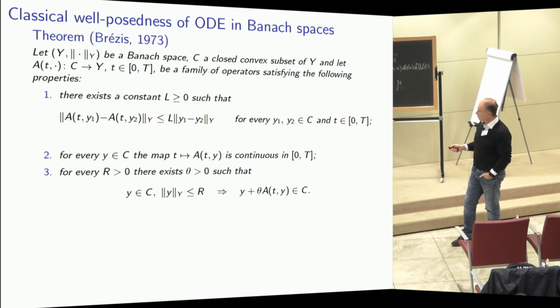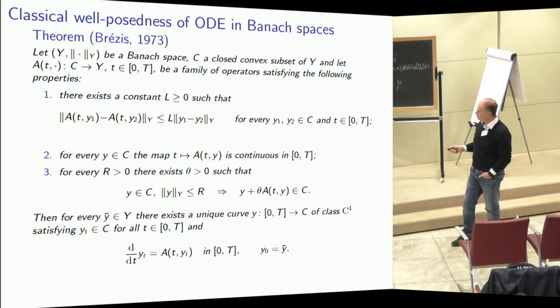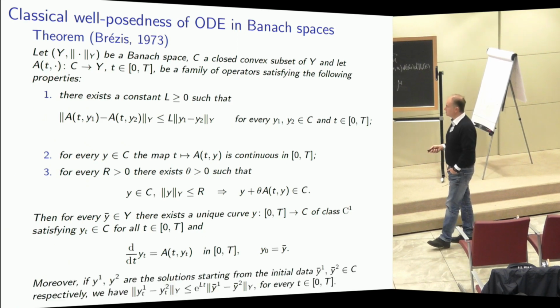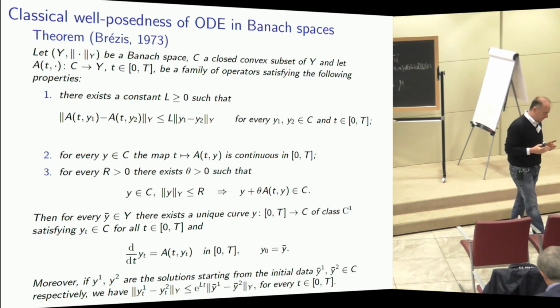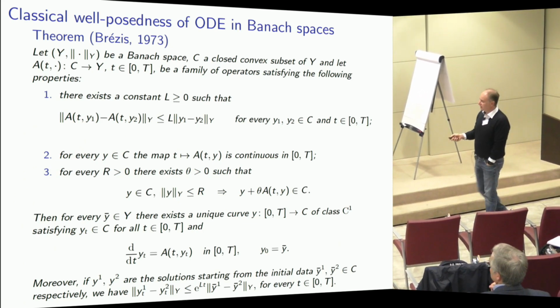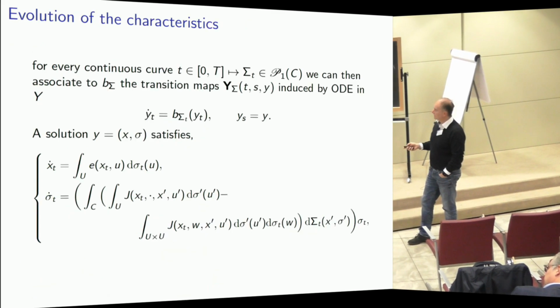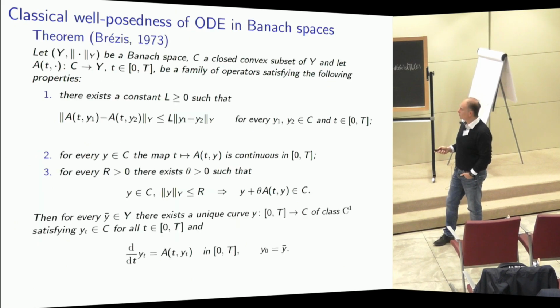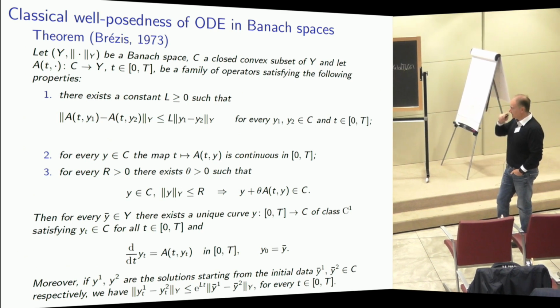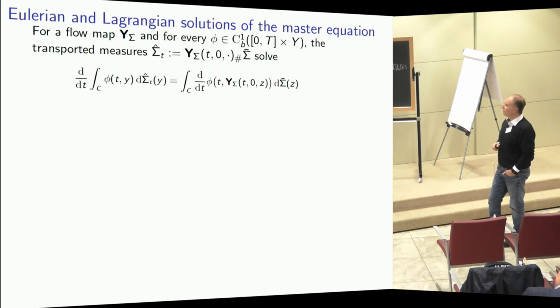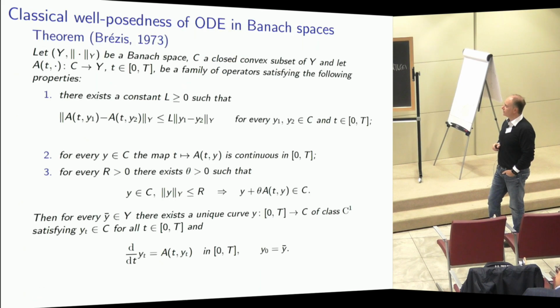You don't get out of the convex set C. Then basically the corresponding evolution of this type remains as a curve in this convex set C. It is going to be of class C1 in the Fréchet sense, and at the same time it is going to be stable with respect to the initial conditions. So the fact of having embedded everything into a Banach space gives you for free a certain type of well-posedness at the level of the characteristics and stability and all the features you want. Of course, you have to require a certain regularity in order to have this classical theory and so on. Okay, this allows you to define a flow map.